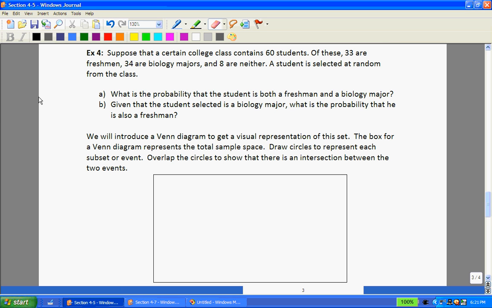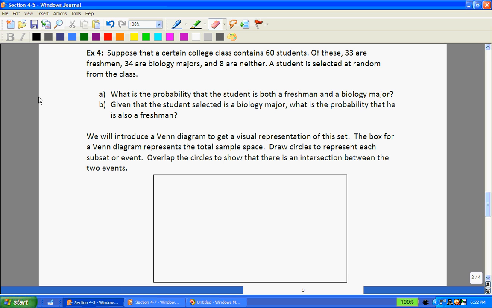Okay, this problem actually has quite a bit going on, so we're going to introduce a Venn diagram to get a visual representation of this set. The way you draw a Venn diagram is you start off with the box, and the box represents the total sample space. So in this case, all 60 students. Next, you draw circles inside to represent each subset or event.